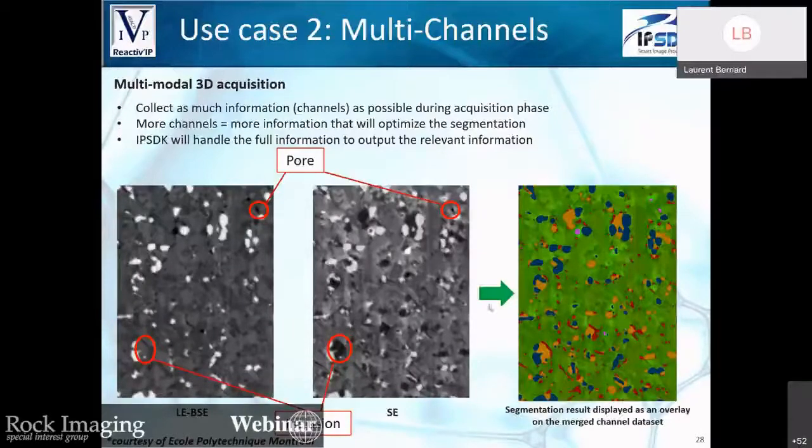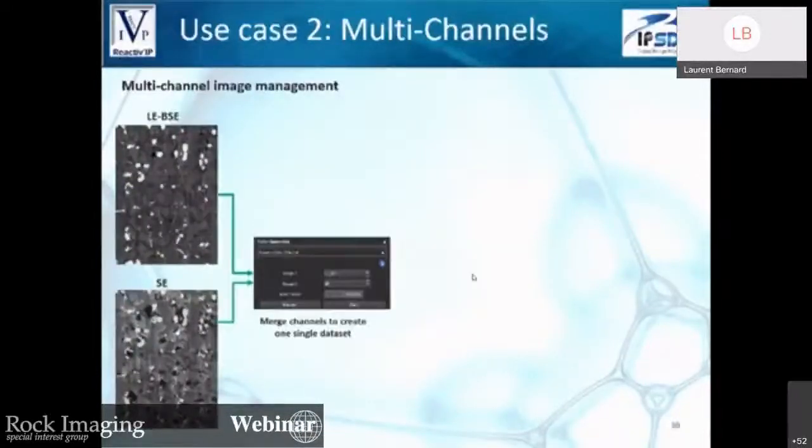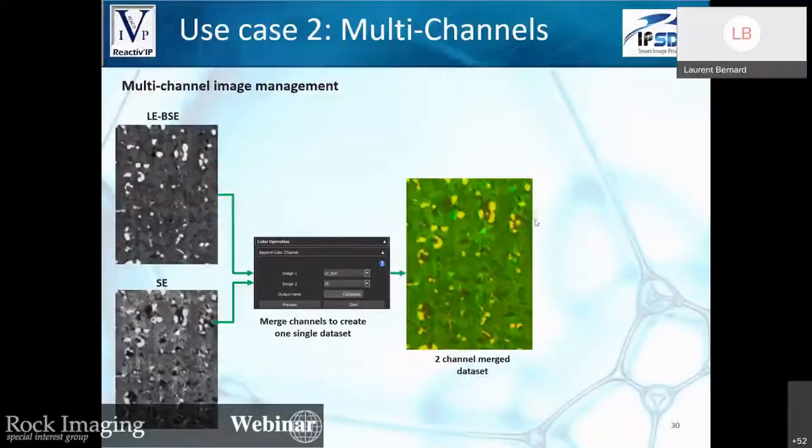The objective is to obtain again a nice cartography of each element inside your image. So how does it work? First of all, you have to create your multi-channel image. Very simple, you have a function to do that. You can merge the first image, the second image, and as many images as you want inside the composite image.